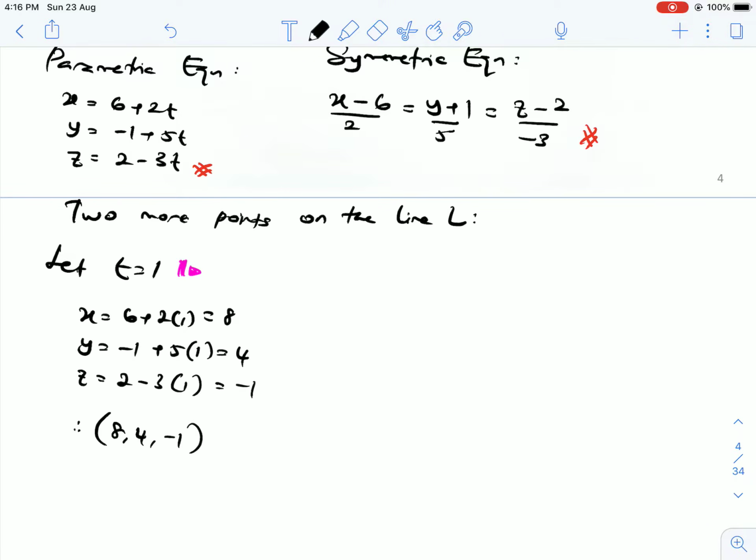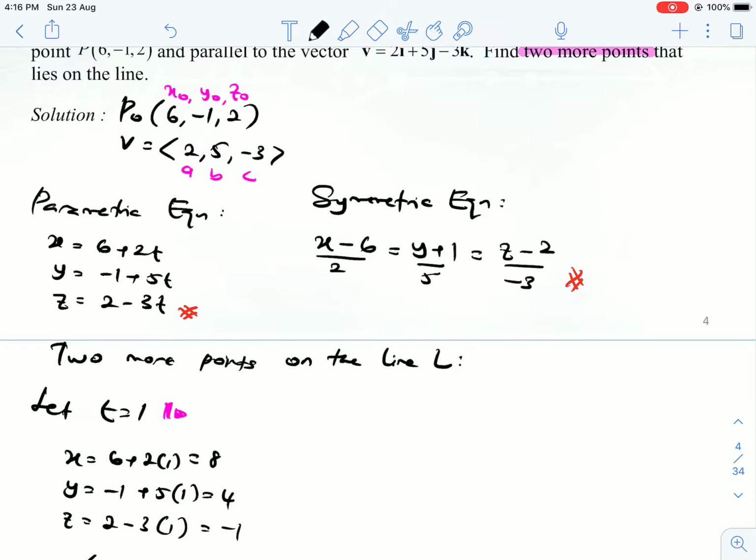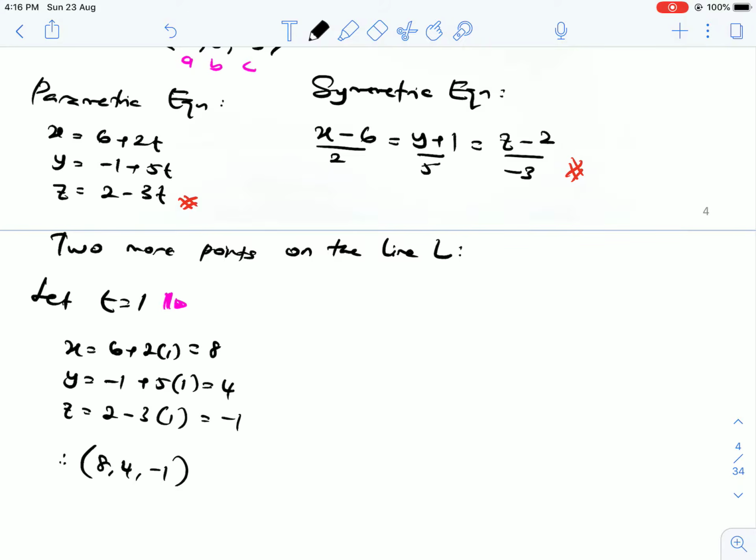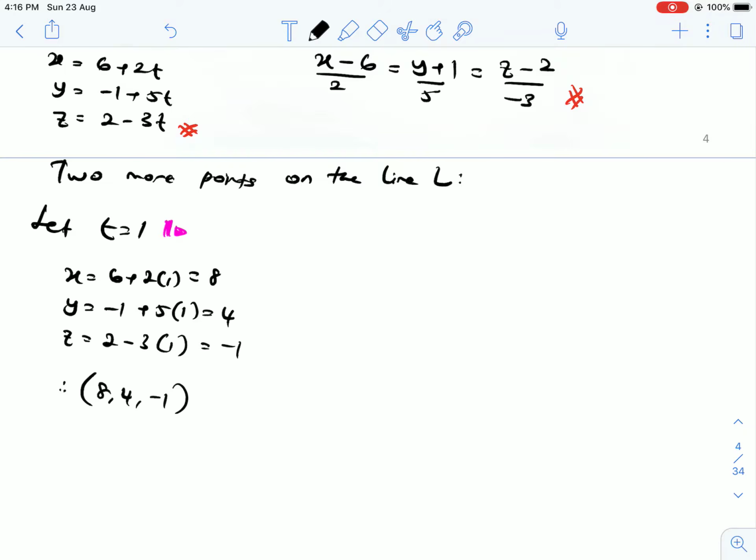Alright, so another point. Actually, you can substitute any values of t except 0, because why? If we substitute t equals to 0 into the parametric equations, we will get back the P naught. We don't want the same coordinate; we want the other points on the line. So for the second point, I substitute t equals to 2.